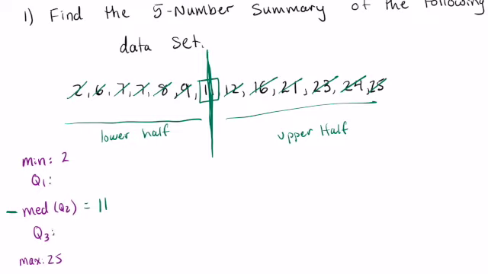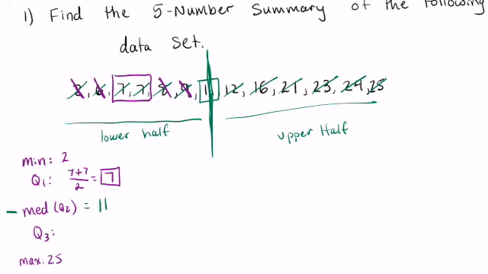And once I have those 2 pieces, I can then find my Q1 and my Q3. So in order to find Q1, I'm going to do the exact same thing. I'm going to find the median of that lower half. So we cross off that one and I cross off that one. And I keep going until I'm left with either 1 or 2 numbers in the middle. So to figure out what my Q1 is, remember, when I have 2 numbers in the middle, we find the mean of those. So 7 plus 7 is 14, divided by 2 gives me 7.